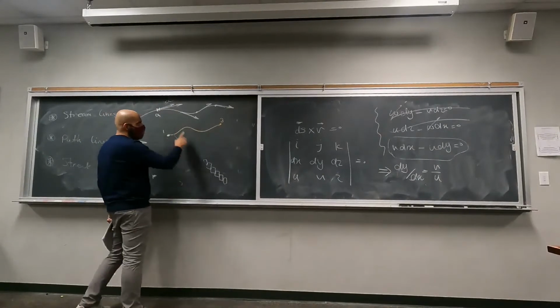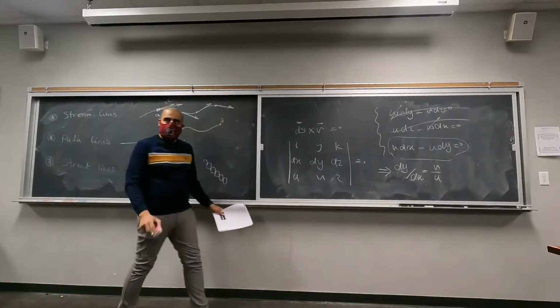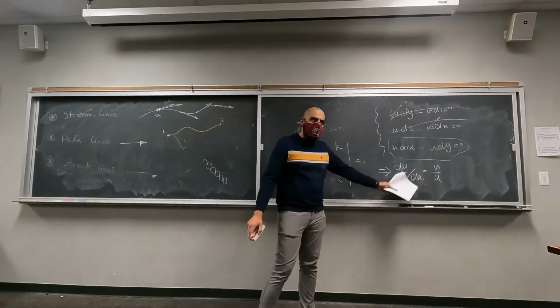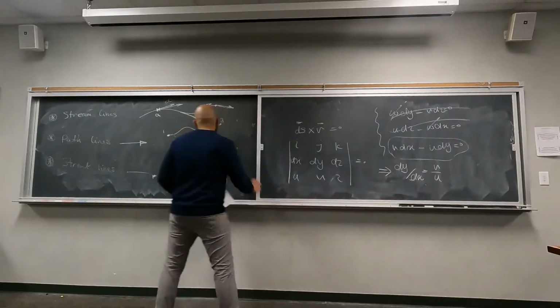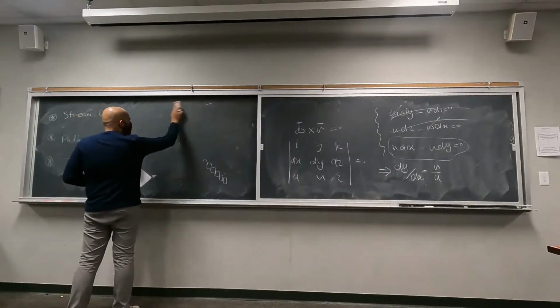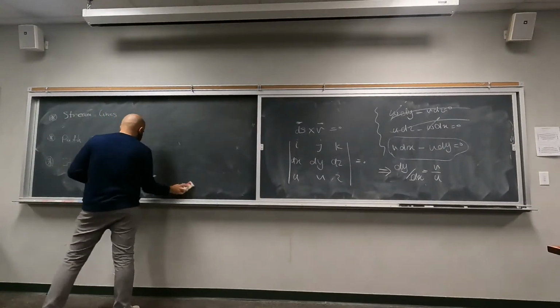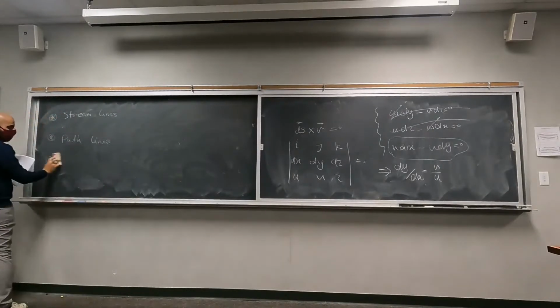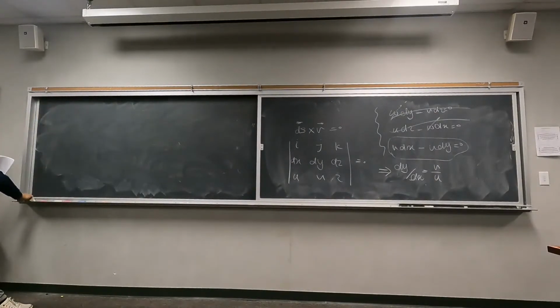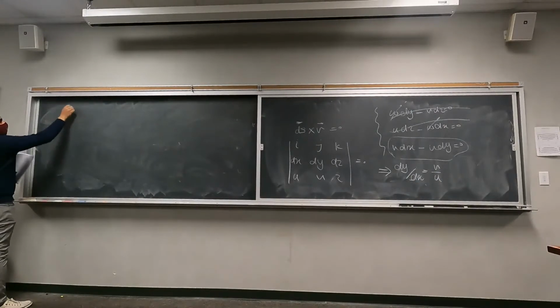So we have the streamline, and we can find the equation of that streamline using this formula. But we have another concept that is going to be very important in the future. Make sure you understand this. It's called the stream function.